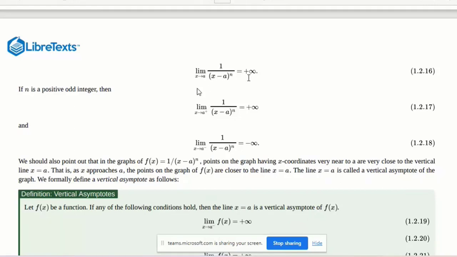And then it goes further to say the limit of 1 over (x minus a) to the n as x approaches a from the right is positive infinity again. But 1 over (x minus a) to the power n as x approaches a from the left gives us negative infinity.